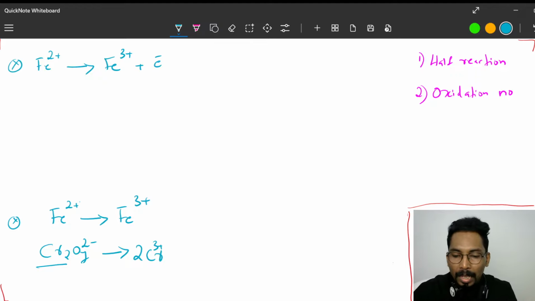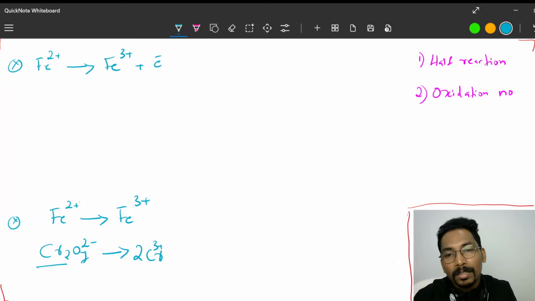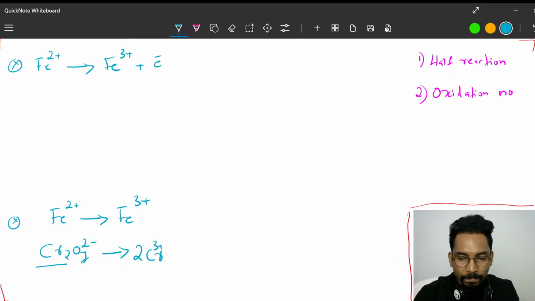Coming to the next equation, Cr2O7 2- gives Cr3+. What is the oxidation number of chromium in Cr2O7 2-? That is +6, which we already found out.